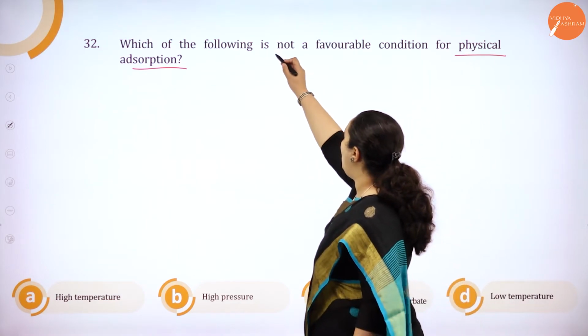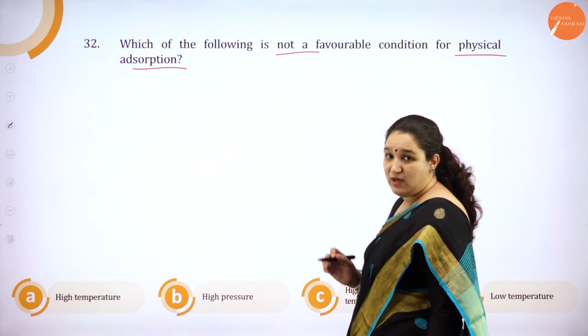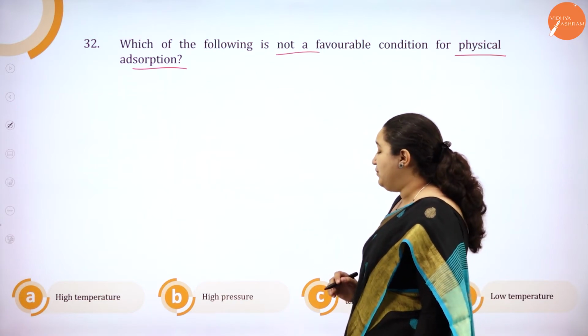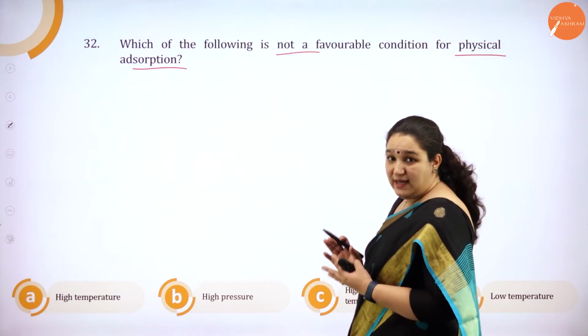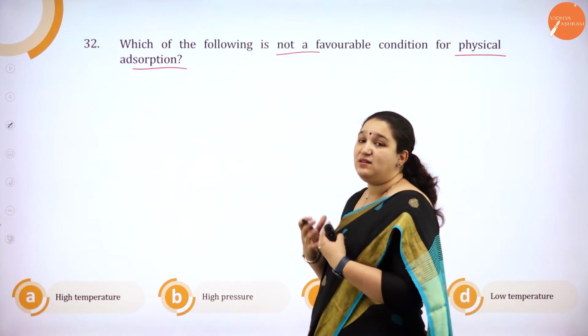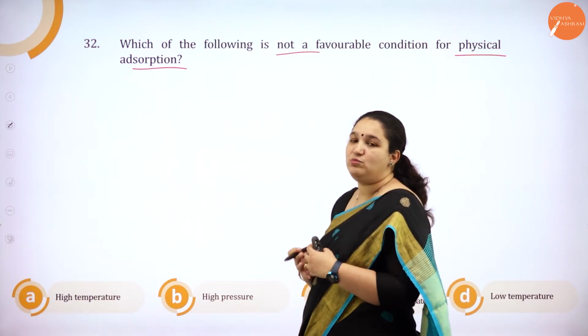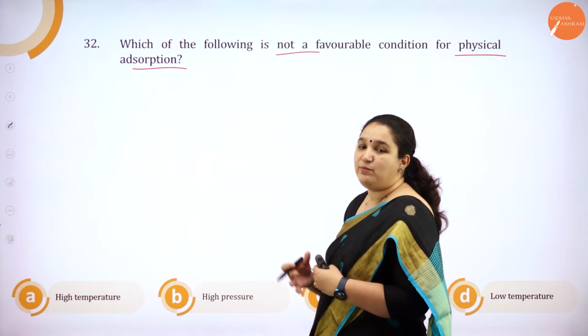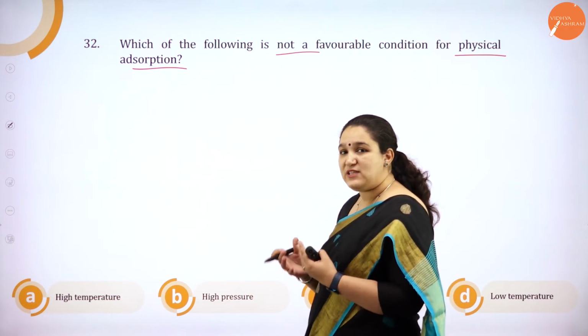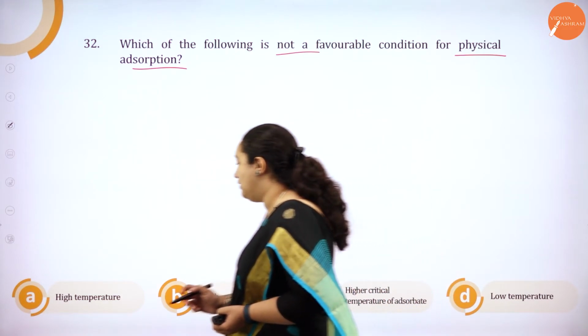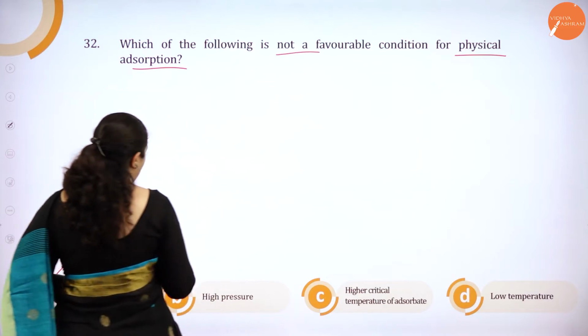Which is not a favorable condition is what they are asking. So high temperature is the correct answer. Higher the temperature, the particles start moving more randomly, they get more energy, and due to which adsorption becomes a little difficult. So this is not a favorable condition.